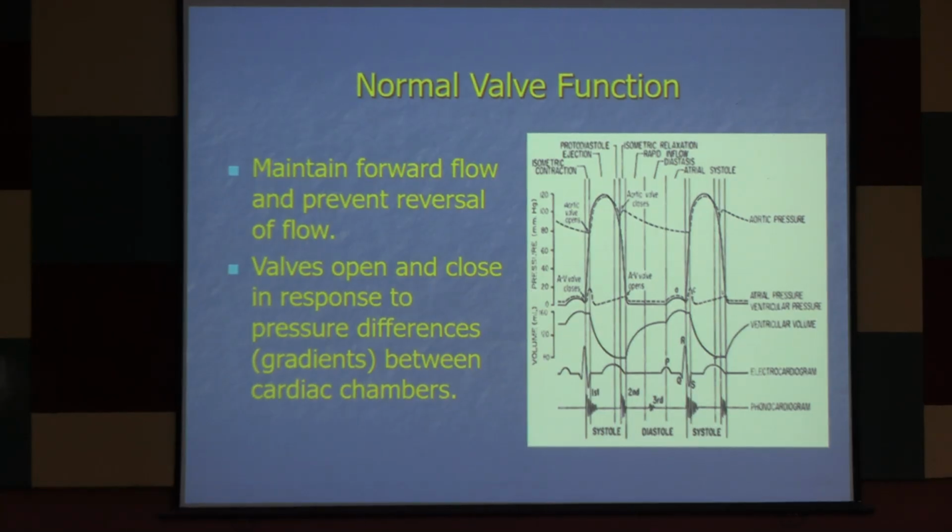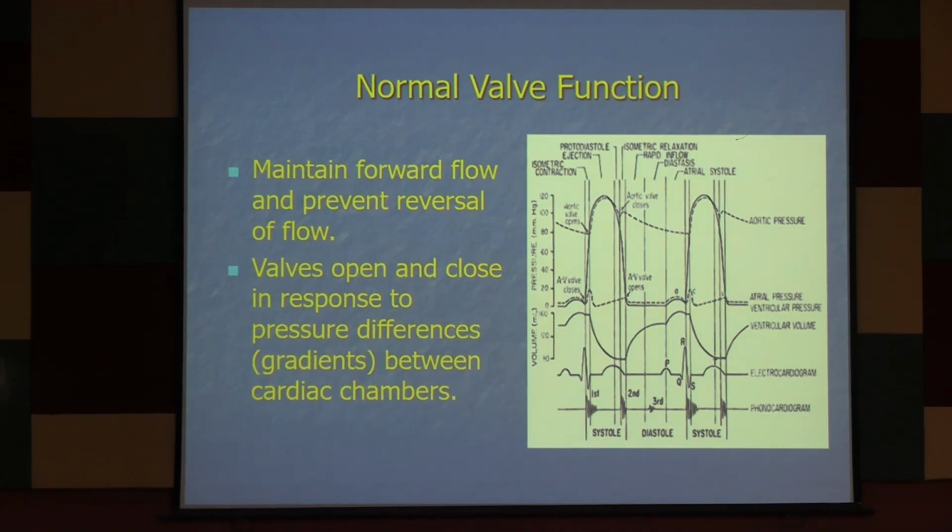Normal valve function of aortic valve, especially the ejection of blood into the systemic circulation for supply or delivery of oxygen and other essential nutrients to the metabolizing tissues. Second, the prevention of reflux or retrograde flow of blood into the left ventricle.